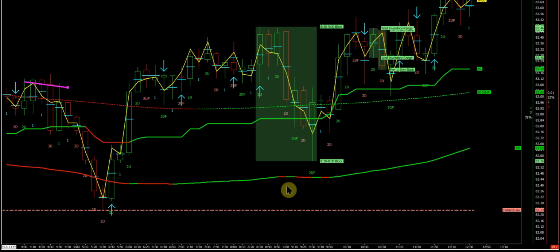So okay, I'm looking for longs. There was a nice long right there. The problem is you didn't have a signal because these bars are so big on a 10-minute chart. If you go to a 5-minute chart, you might see something a little smaller, or if you're trading a Flex Renko or a Renko chart, you'll see this.